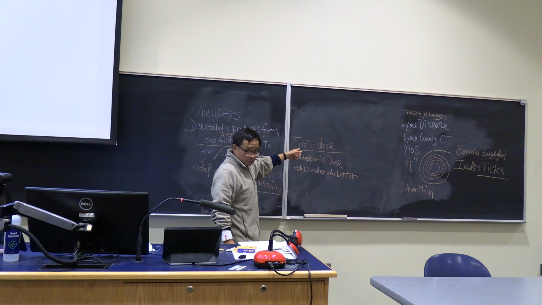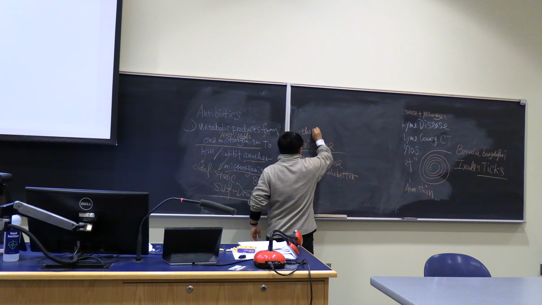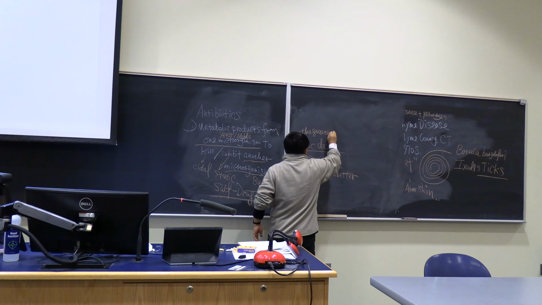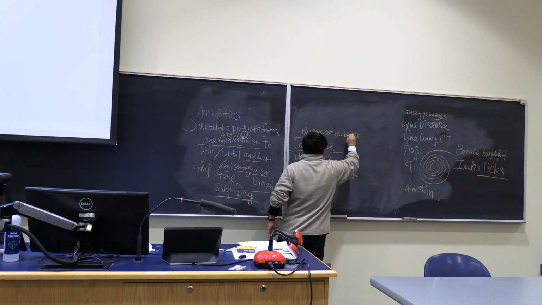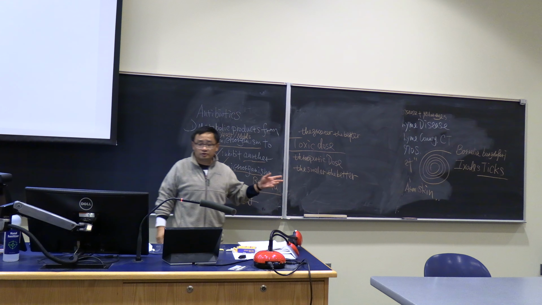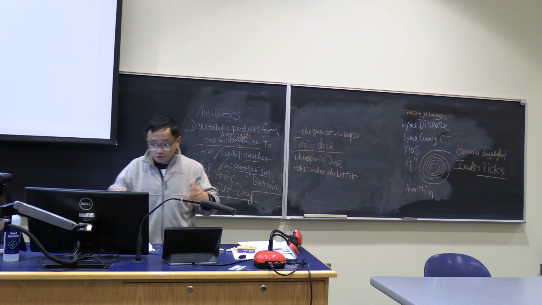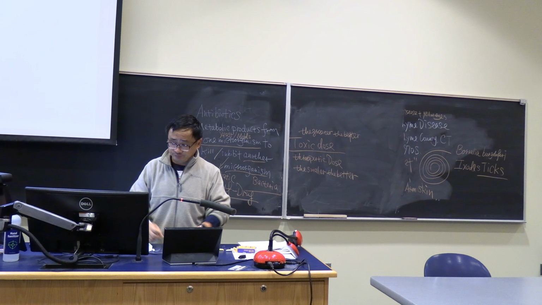Toxic dose, the larger the better, is that right? The greater the better. So what will we end up with? This therapeutic index should be the more, the better. The greater, the better. Okay?